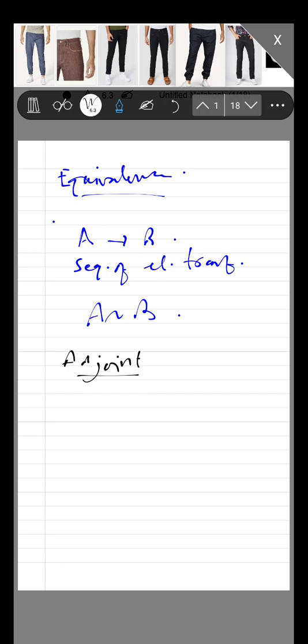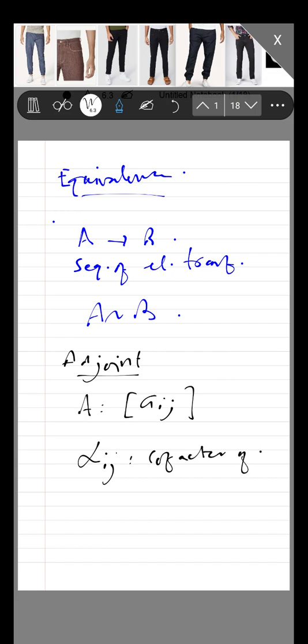For an adjoint, if A is a matrix given as Aij, and if alpha ij is called the cofactor of Aij, then the adjoint of A will be all the cofactors alpha 11, alpha 21, and alpha n1.